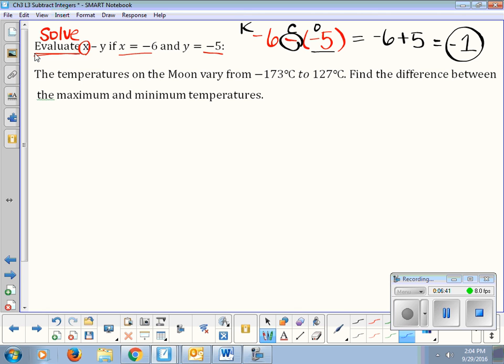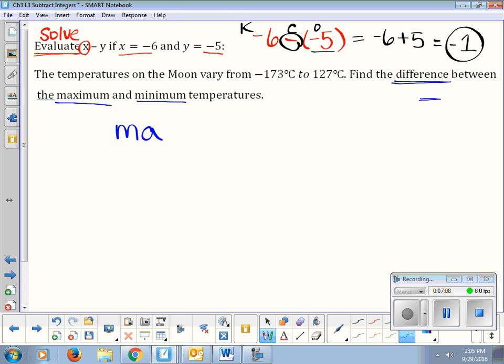The next example is a word problem. The temperatures on the moon vary from -173 degrees Celsius to 127 degrees Celsius. Find the difference between the maximum and the minimum temperatures. Difference means what operation? Subtraction. And we want to do the max and the min.